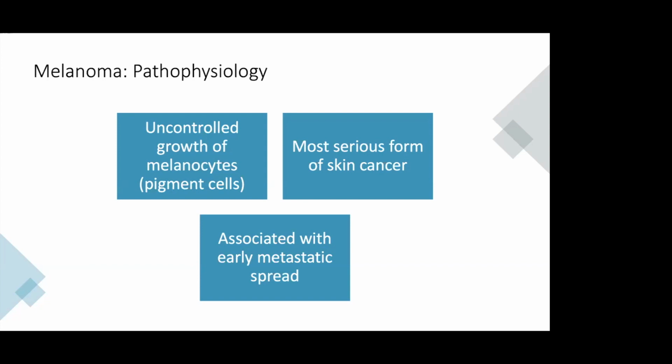It can be extremely serious, and until recently was associated with an extremely poor prognosis. Though, as I'll touch on in the later slides, that has changed in recent years, and the future is looking much brighter in terms of prognosis from this condition.